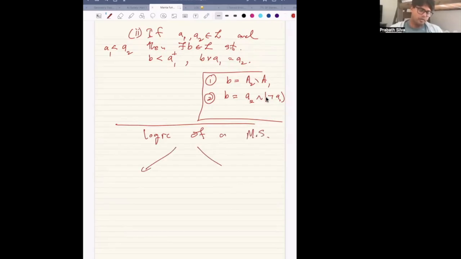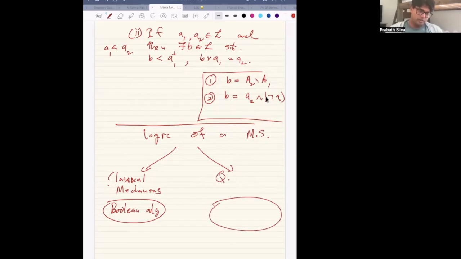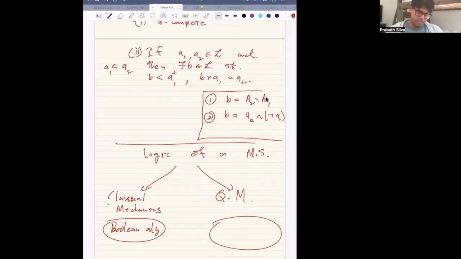In the case of classical mechanics, it is a Boolean algebra. And in the case of quantum mechanics, it is a logic.